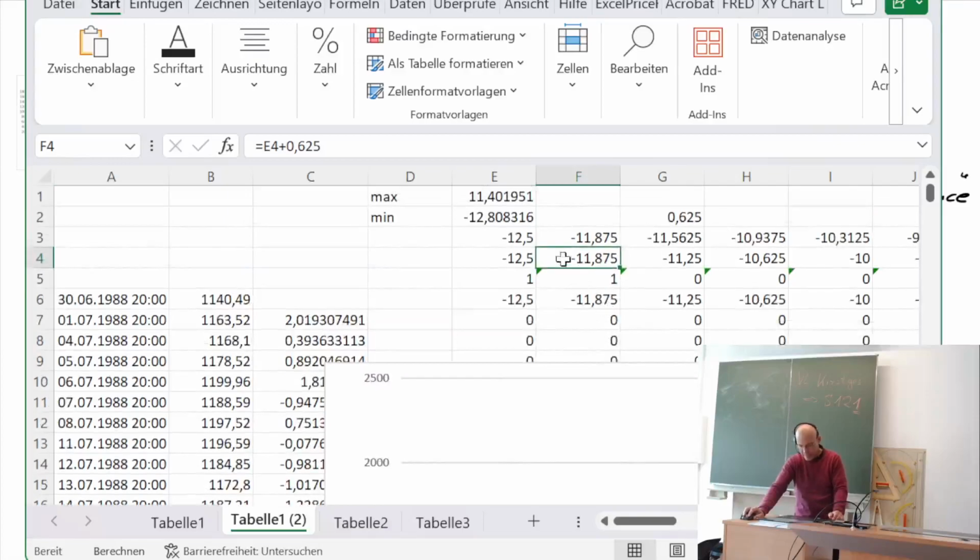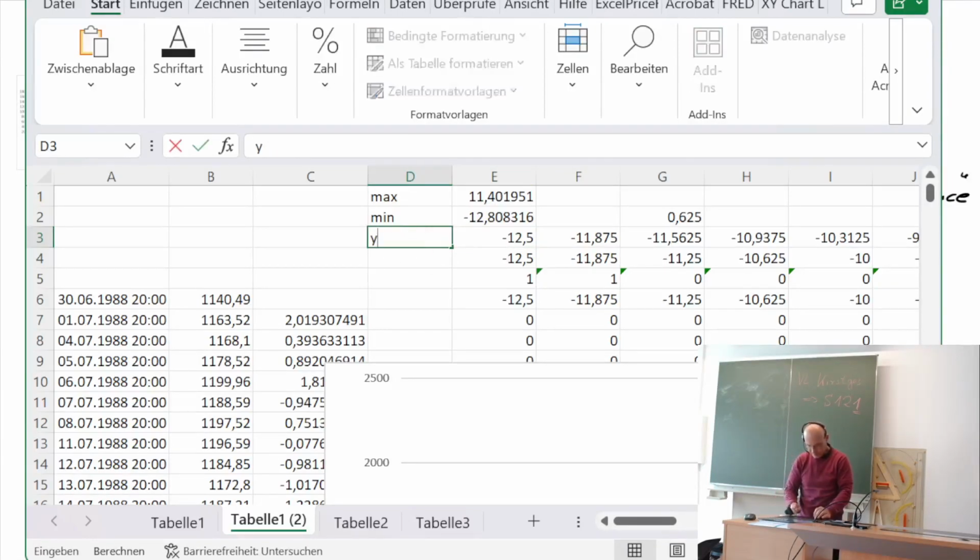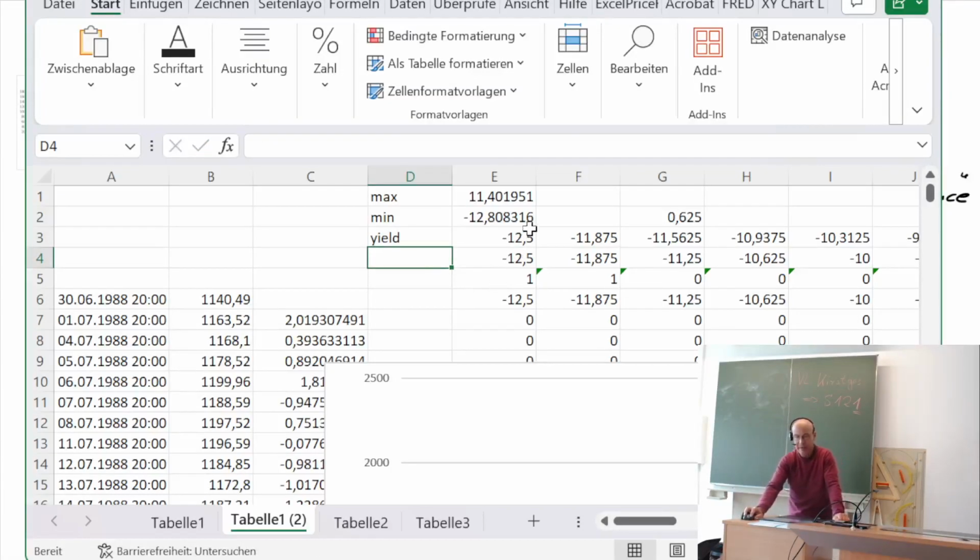So then I counted all times during the last 35 years when the yield was less than minus 12.5%.